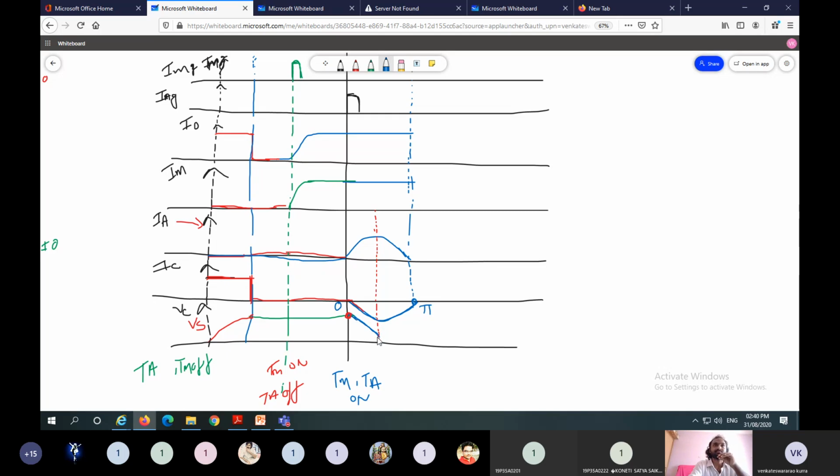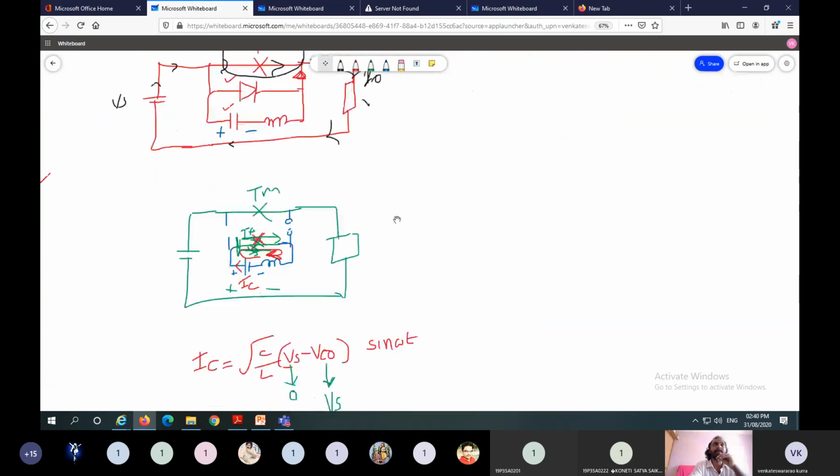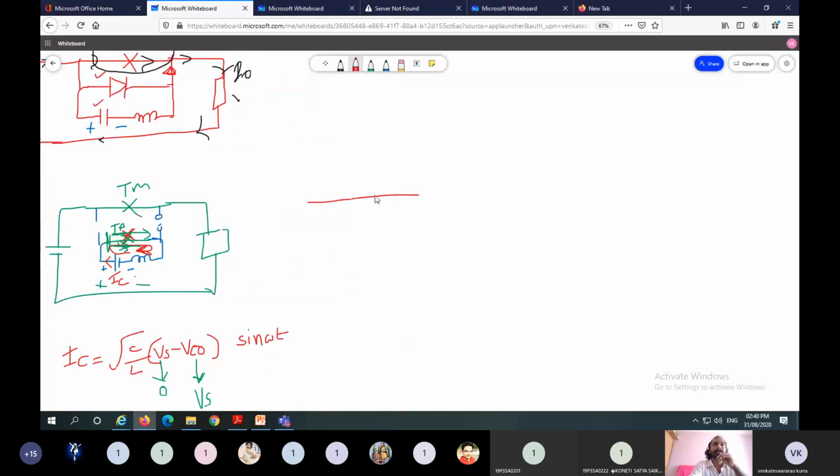And up to this point, the main thyristor current is as usual. There is no change in the main thyristor current. This one is load. This one is auxiliary thyristor. This one is capacitor. This one is inductor.